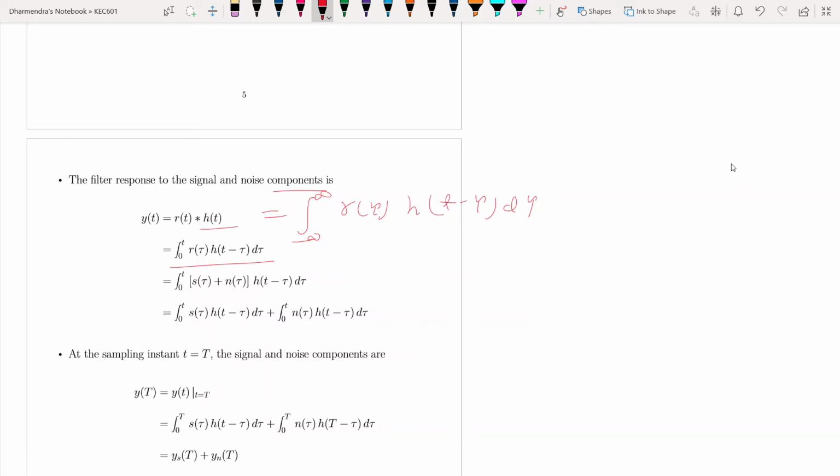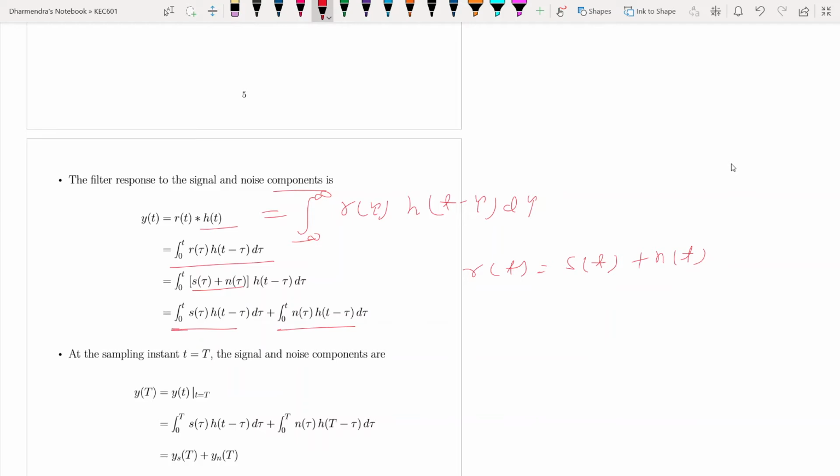Already explained. Now substitute r of tau with s of tau plus n of tau, because r of t is s of t plus n of t. Replace t with tau, so I will get this one. Multiply and separate these integrals.